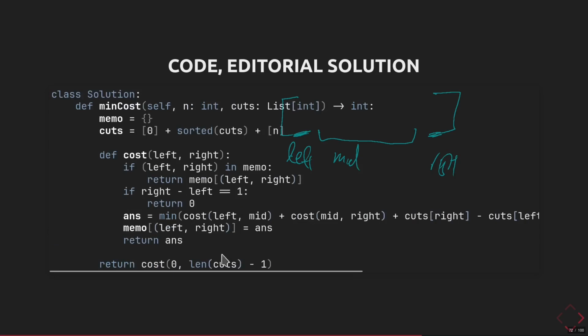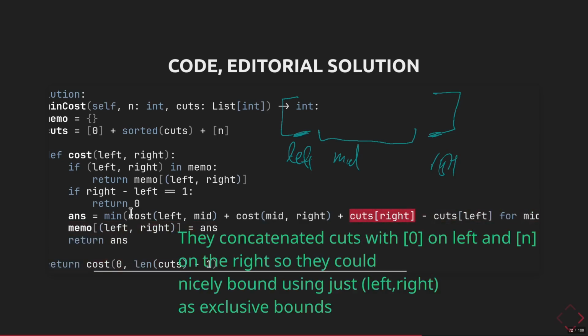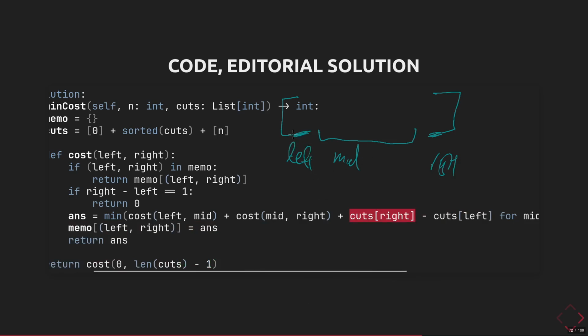And what happens is that they decided that they could basically take the cost of the left subproblem, right? This is the left mid, so this is this subproblem, right? And then they have the right subproblem also when they do this right here.